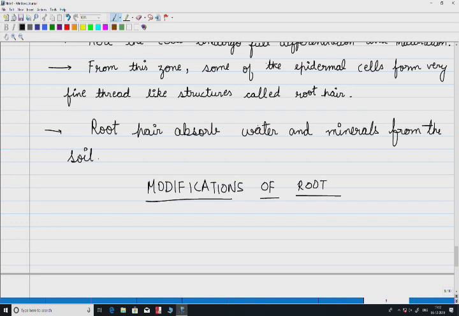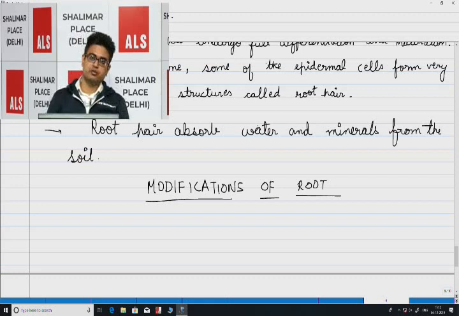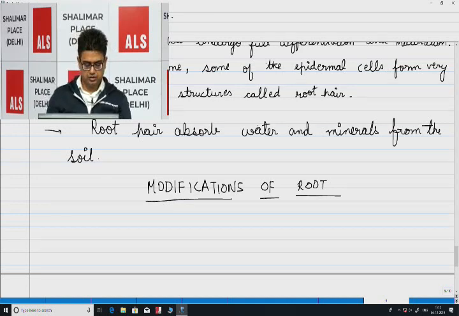And this we will discuss. Now there are some specific root modifications that we must study first. And these are modifications for support, modifications for breathing. So let's start with the modifications of root for support and storage, all those things, right?